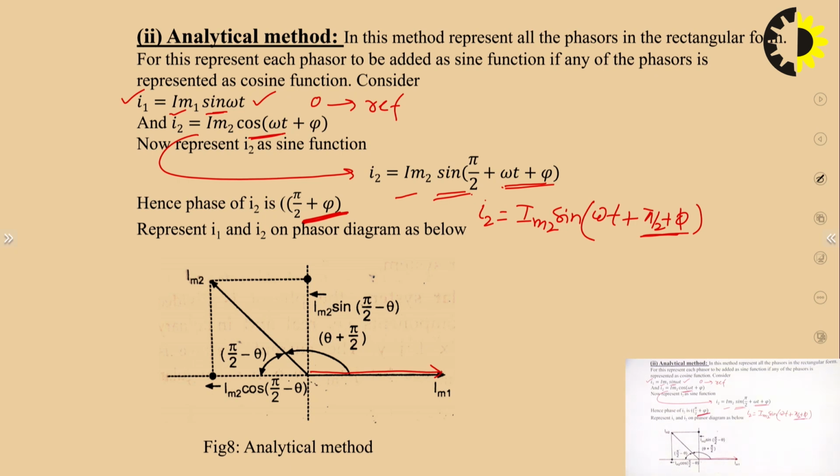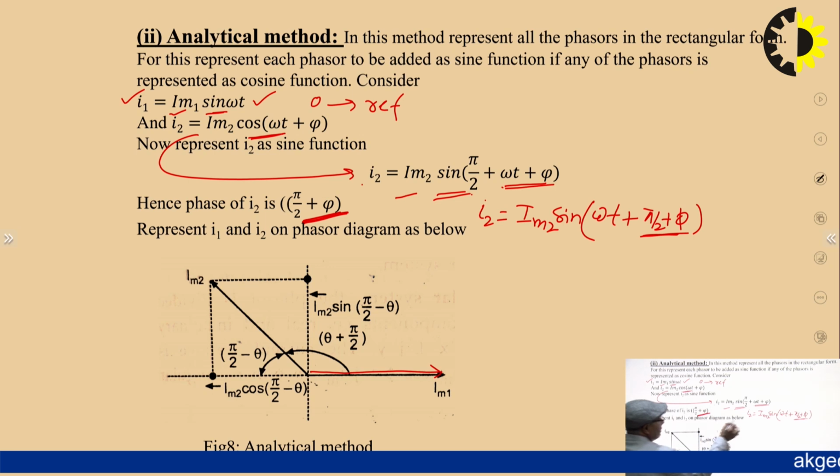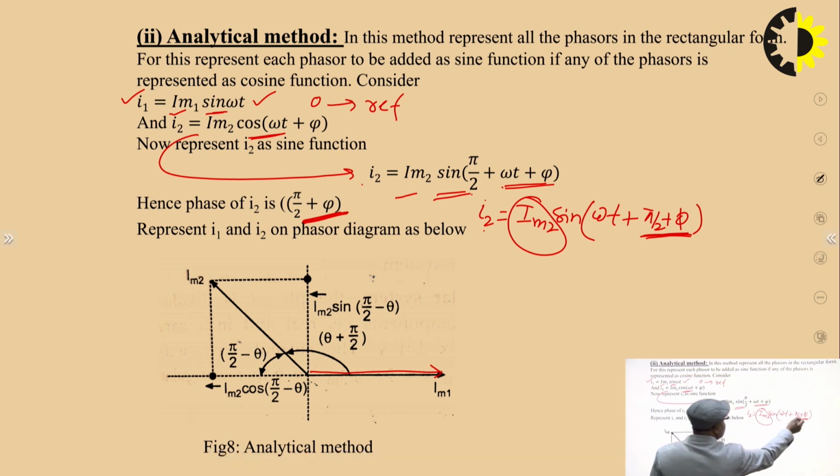The second quantity is this one; its peak value is Im2 and phase angle is pi by 2 plus phi. The first quantity had phase angle 0, which is why we drew it along the x axis. For the second, the phase angle is phi. Here it is written theta, you consider it as phi. So this is phi.